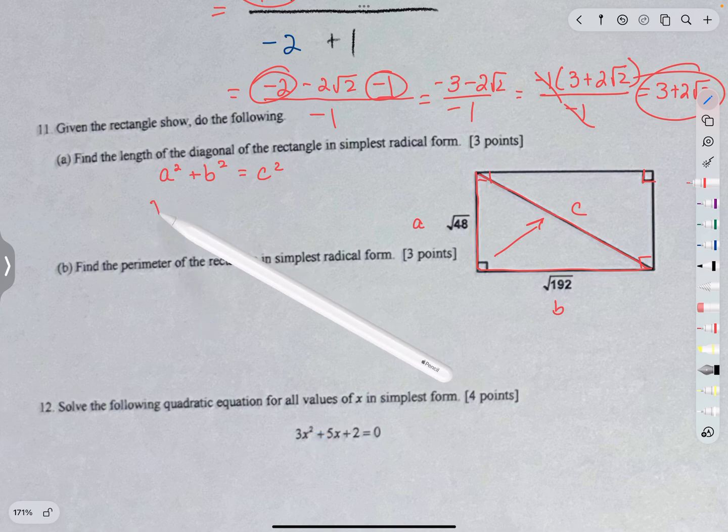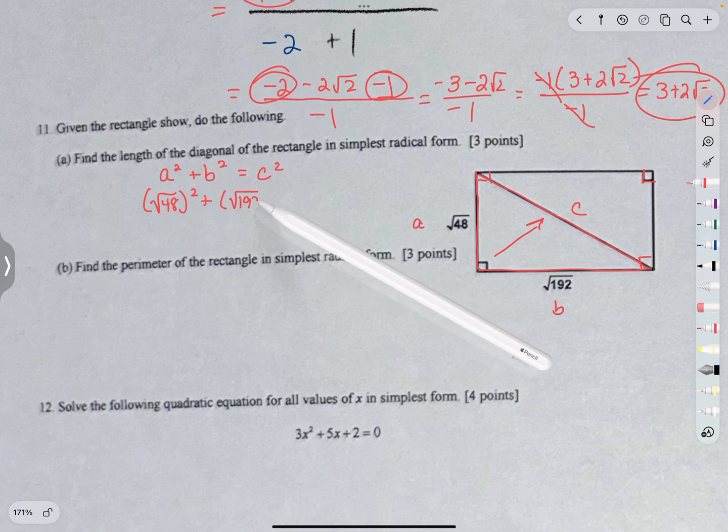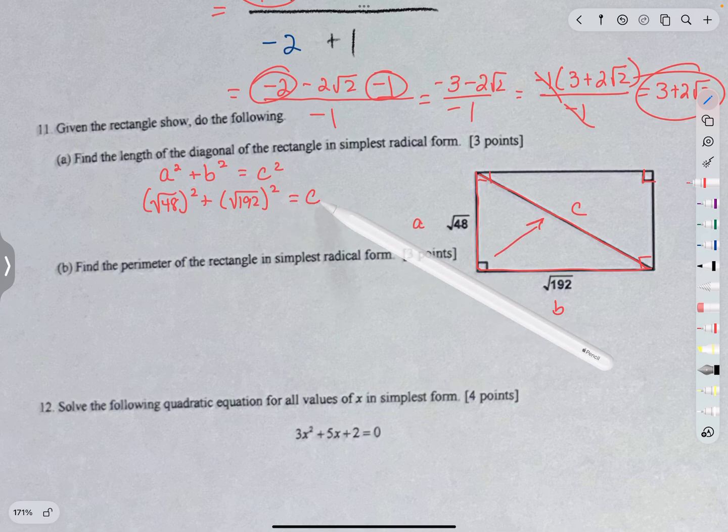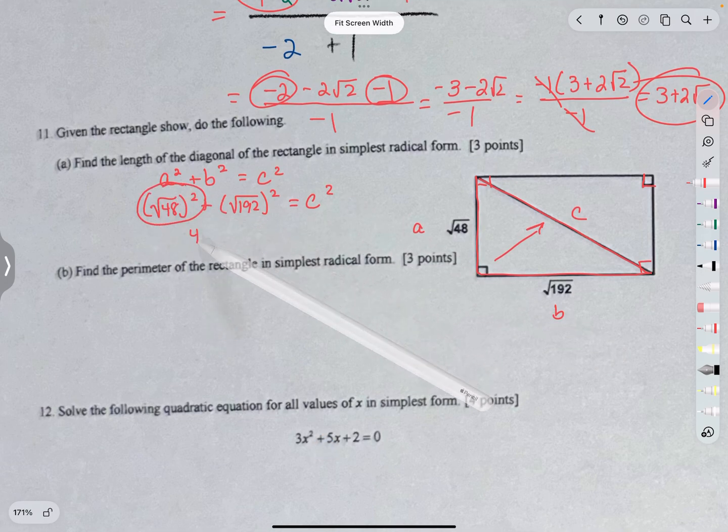So now I plug in my numbers. Root 48 squared plus the other leg, leg b there. Root 192 squared equals c squared, which I'm trying to figure out. Well, when I square root, it just undoes it. Yep, it's there again.